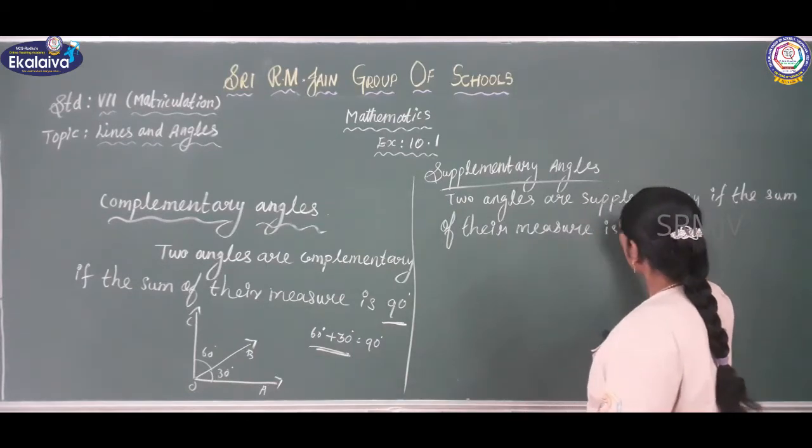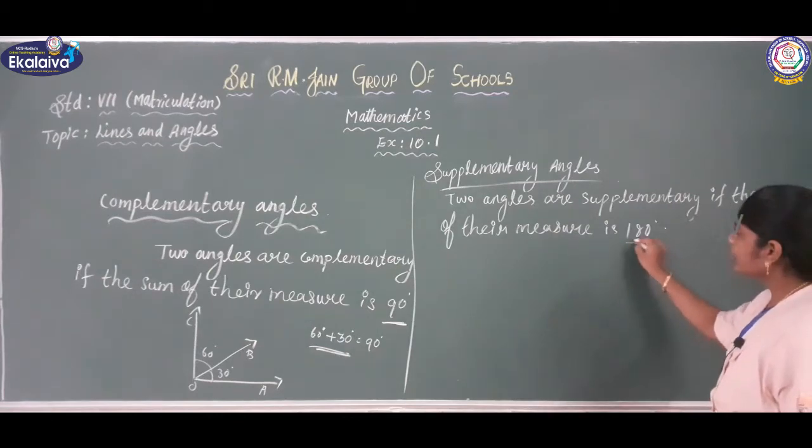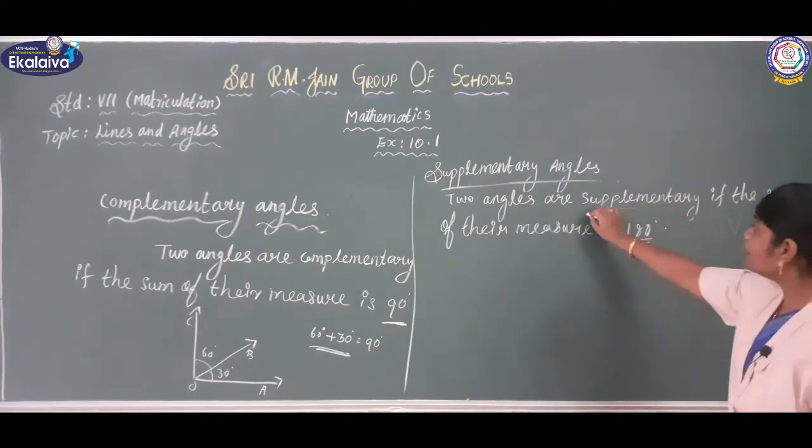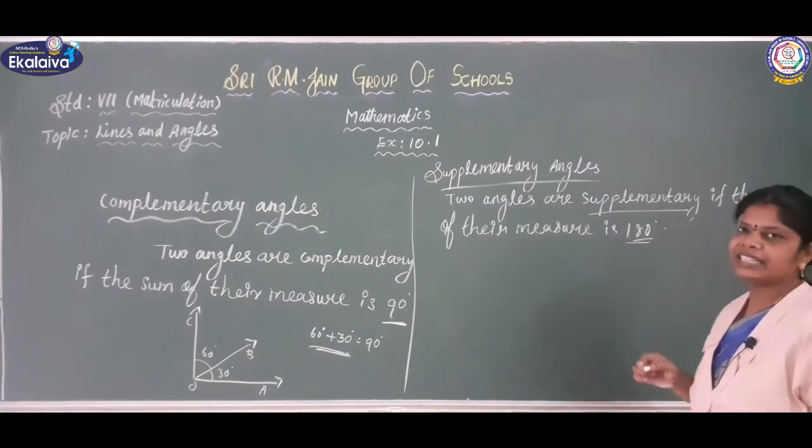Sorry, 180 degrees. The sum of their measures is 180 degrees. Two angles are supplementary if the sum of their measures is 180 degrees.